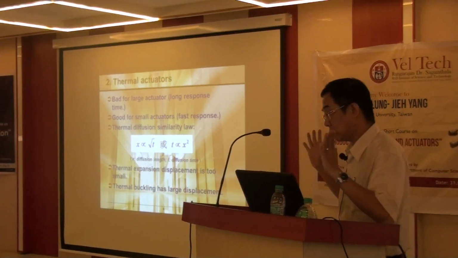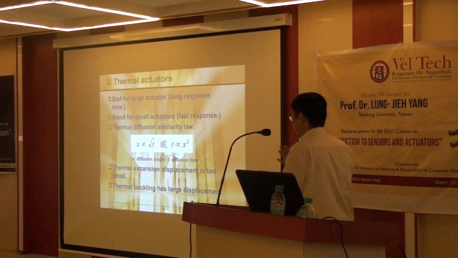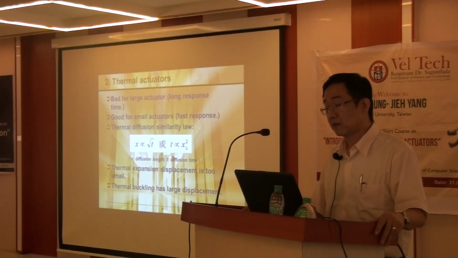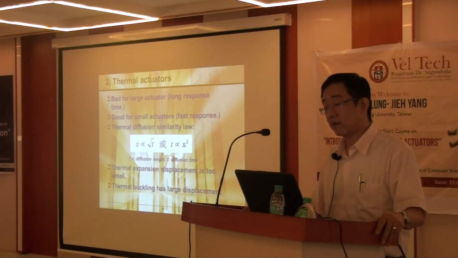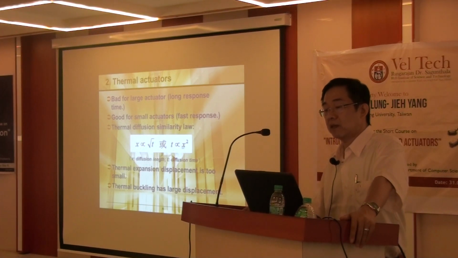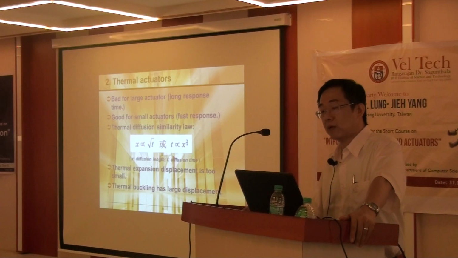if your diffusion length is x, right? If your diffusion length x is reduced from 1 to 0.1, your t will be proportional to 0.1 squared, so it means only 1%.